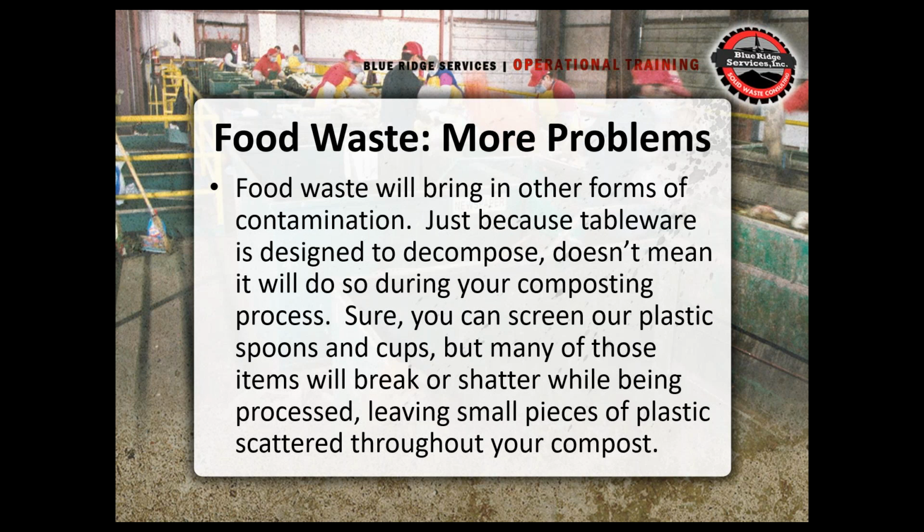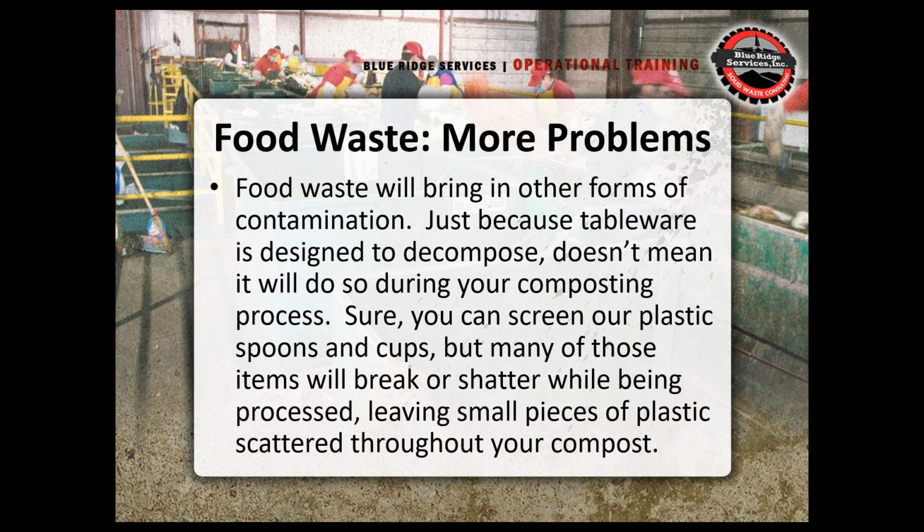Food waste brings in other types of contamination. I was involved in a project with one of the national parks, and they had a plan to create a compost operation for all of the national park food waste, and they integrated utensils, plates, cups, tableware, plastic forks and knives, and they weren't plastic. They were made from a biodegradable material, and the idea was that this material will biodegrade.